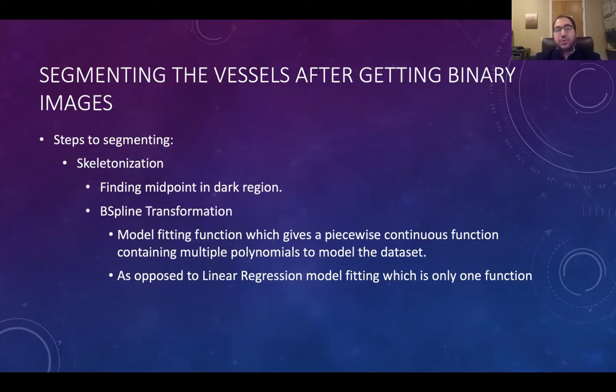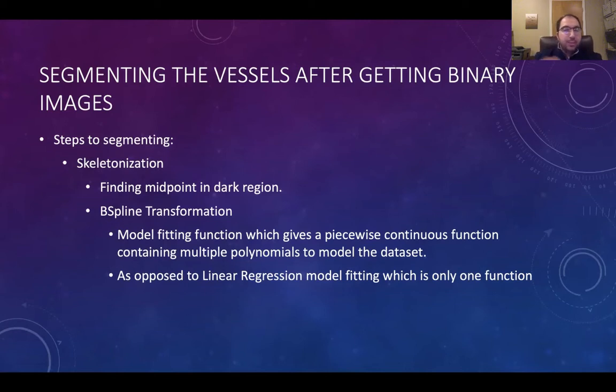The steps that I used to do that: first of all, I used skeletonization. Skeletonization is a method where, when we have the binary image, we use the midpoints in the darker regions to find many midpoints through the vessel, and connect them to get a skeleton of the vessel. The second step, after getting the skeletonization, is the B-spline transformation, which is a model fitting function that gives us a piecewise continuous function containing multiple polynomials, because we will have multiple vessels.